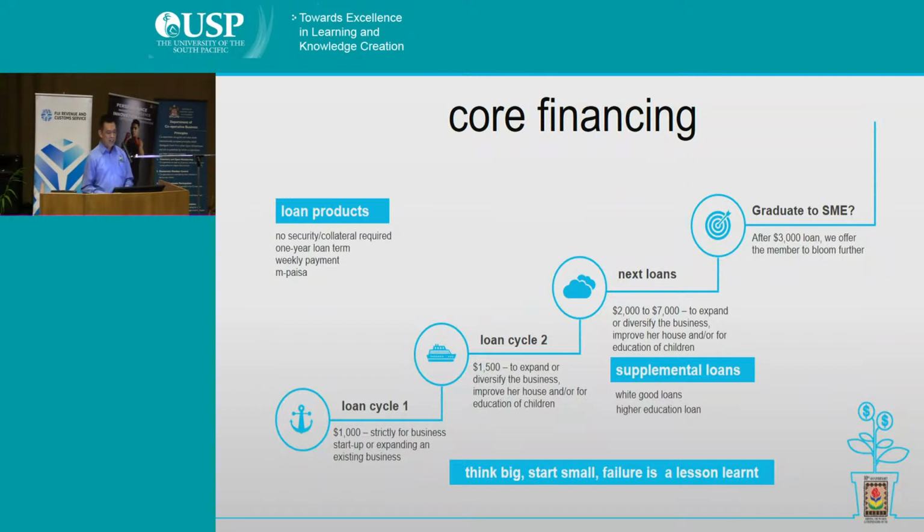So, core financing. Maybe this is the one that you're very much interested in. Okay, so first loan cycle, as I said, 1,000. It's strictly for business. So we help you do the business plan. Don't worry, we don't just give you a blank paper and then you do it.